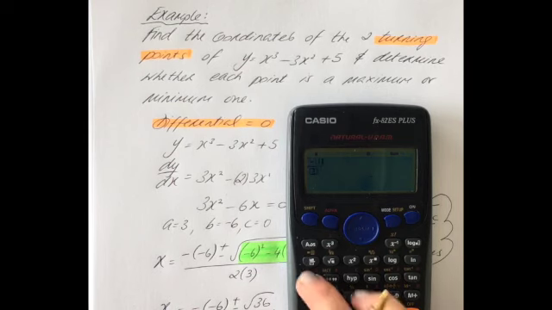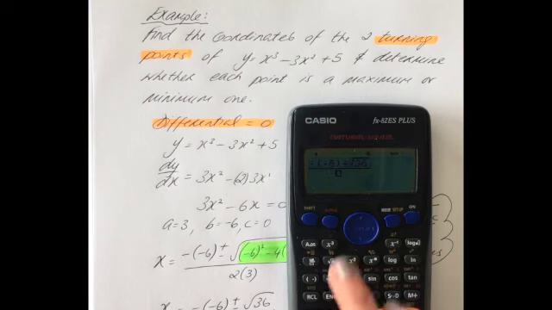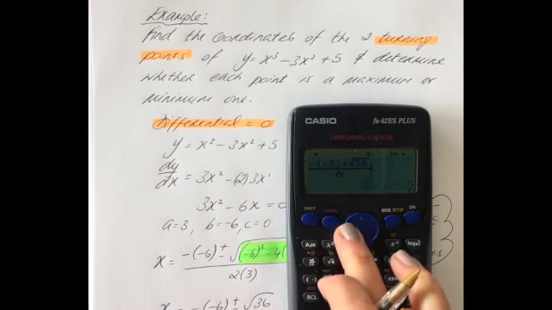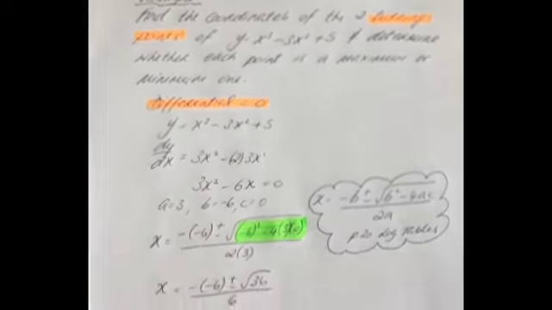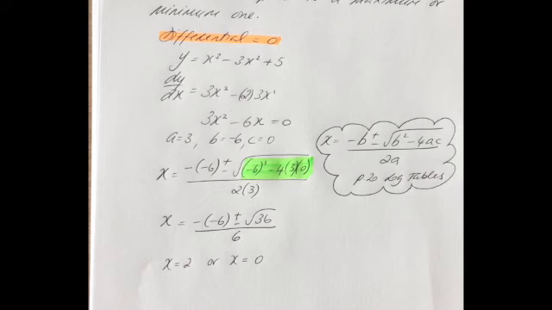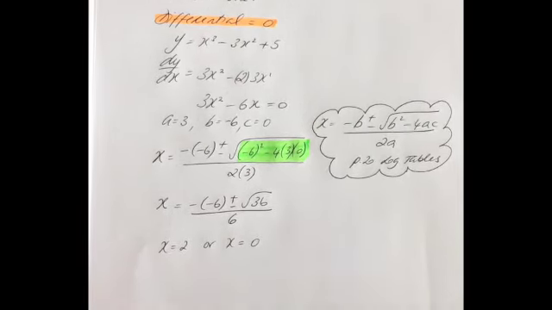It's a minus 6. I'm going to do the plus first. I can't put both of them in, of course, at the same time. This is what gives you the two solutions. Do the plus first, square 36, and down the bottom 6. So the first solution is x is equal to 2. And the second solution is when I go back and change that plus to a minus, and I get 0. So x is equal to 2, or x is equal to 0.